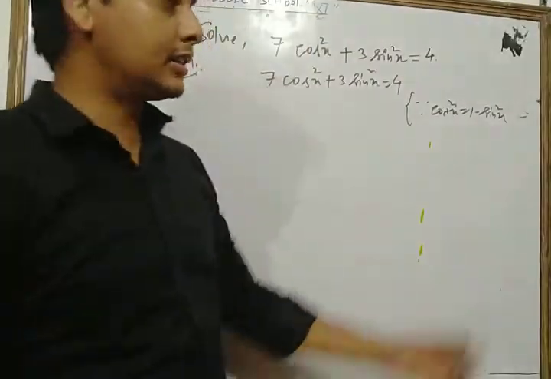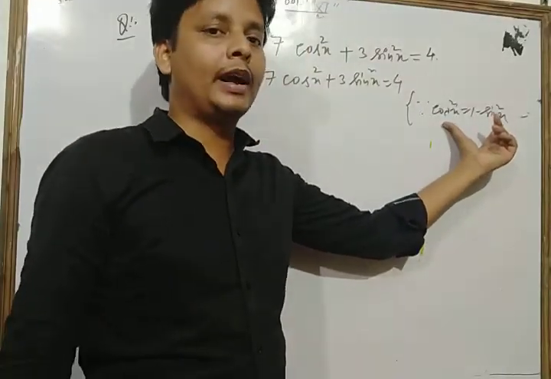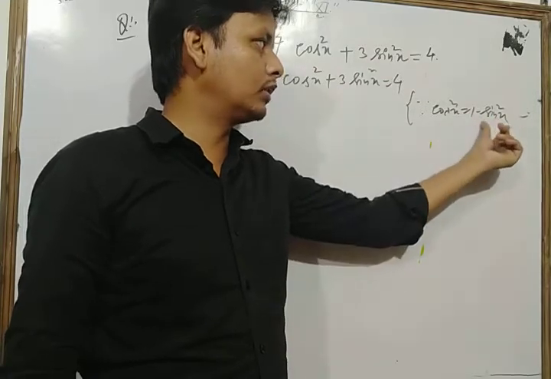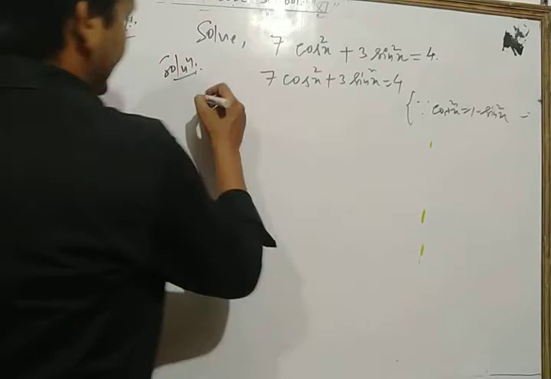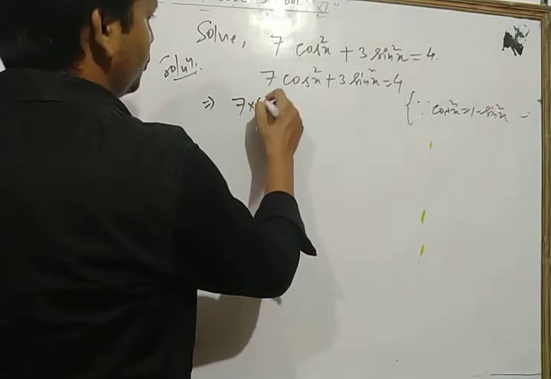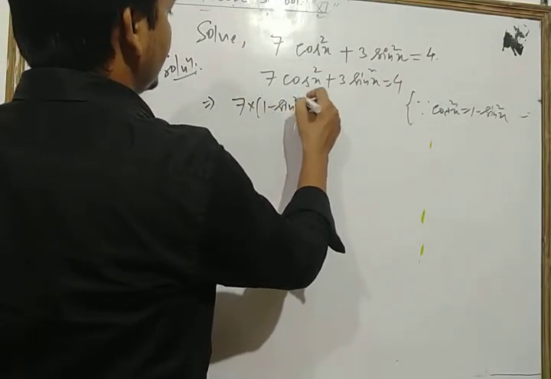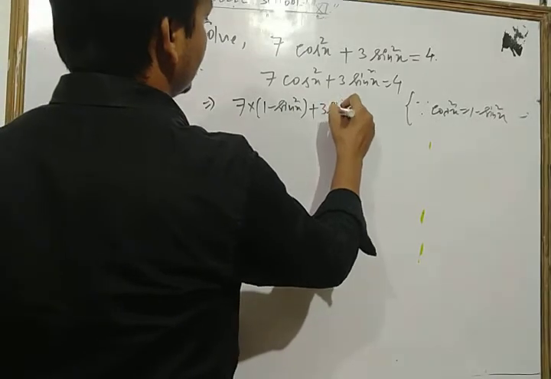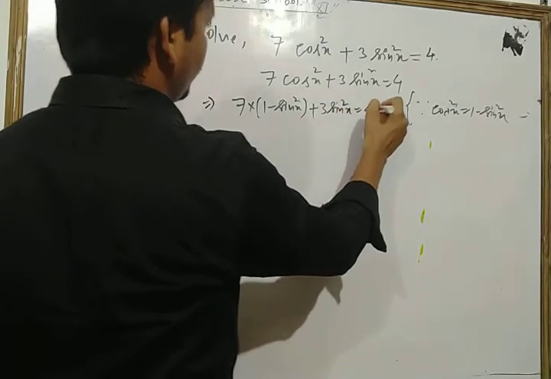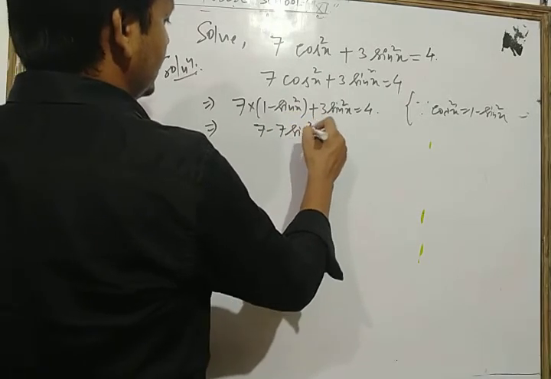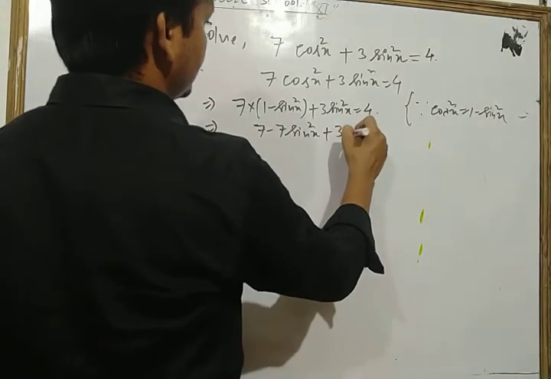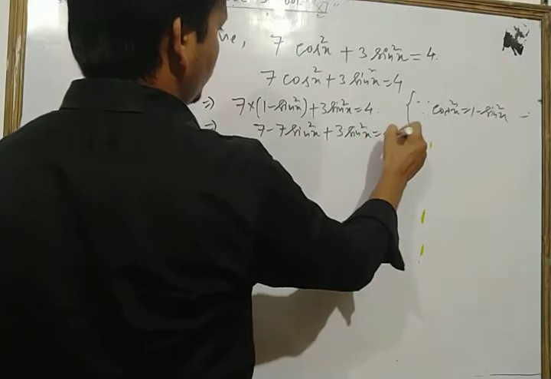This is the trigonometric identity. So here we put 7 into 1 minus sin square x plus 3 sin square x is equal to 4. So we have 7 minus 7 sin square x plus 3 sin square x is equal to 4.